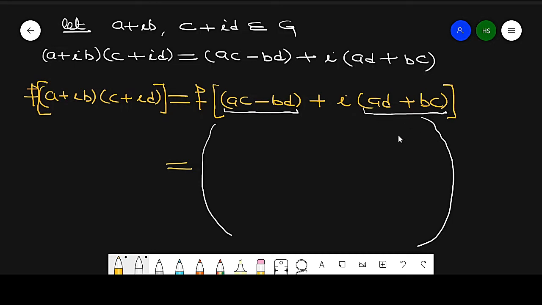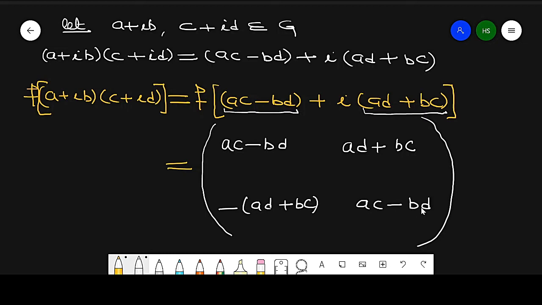So first I take the real part, which is AC minus BD, then the imaginary part AD plus BC, and then minus the imaginary part, minus (AD plus BC), and then the real part AC minus BD. So just by the definition of our matrix.